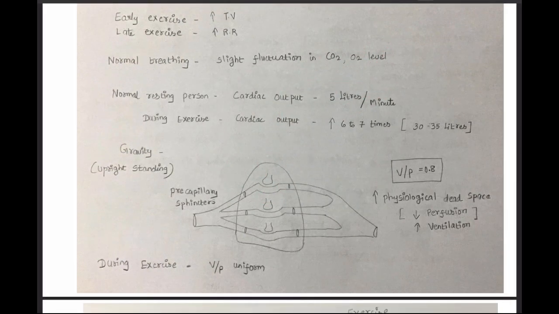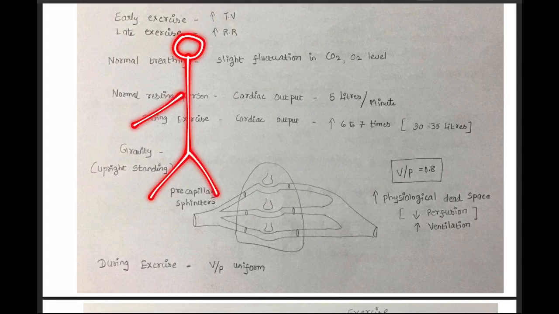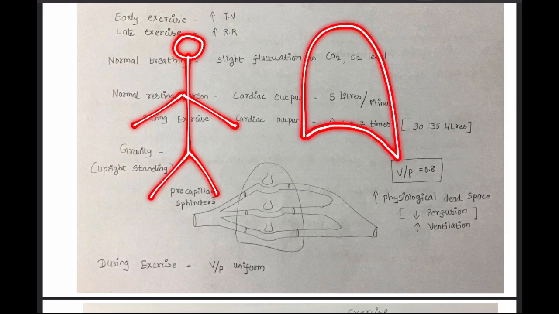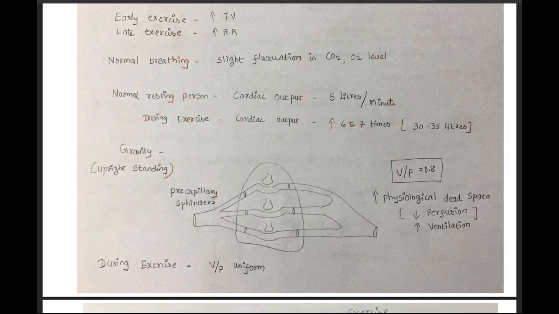So under the influence of gravity, in an upright standing person, let us see how the blood passes through your pulmonary capillaries. In the lungs you have the upper segment, middle segment, and the lower segment.